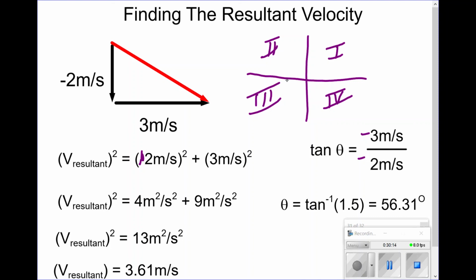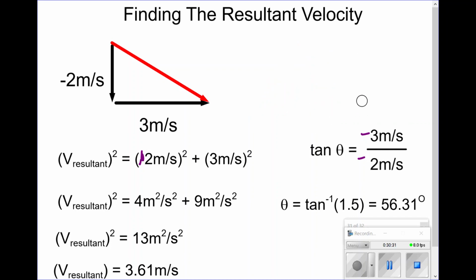So you can never trust your calculator to give you an accurate angle or a correctly referenced angle just based on the numbers that you're typing into the calculator. This again is why it's so important to draw out your triangle. Then you can just put in positive values for your legs, find what the angle is, and then simply identify what your angle reference is going to be.